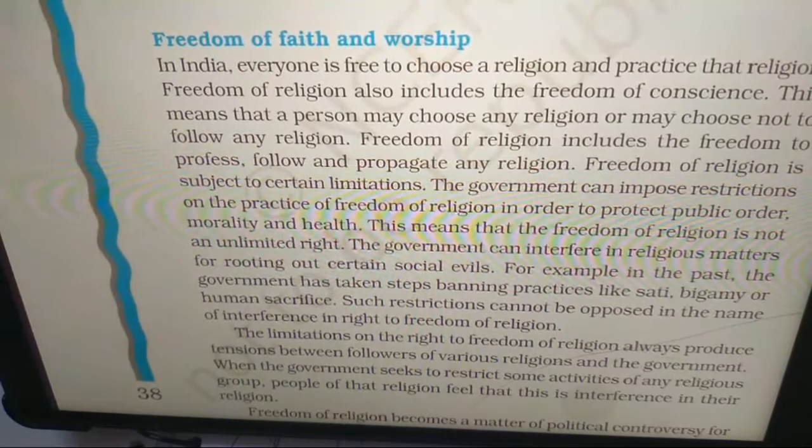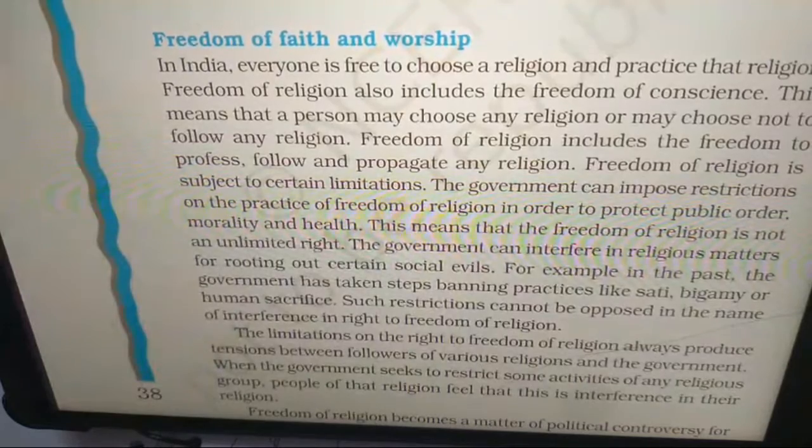Freedom of religion is subject to certain limitations. The government can impose restrictions on the practice of freedom of religion in order to protect public order, morality, and health. This means that the freedom of religion is not an unlimited right.